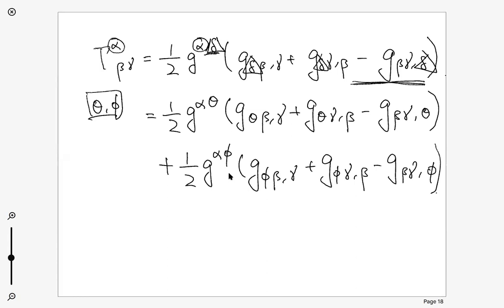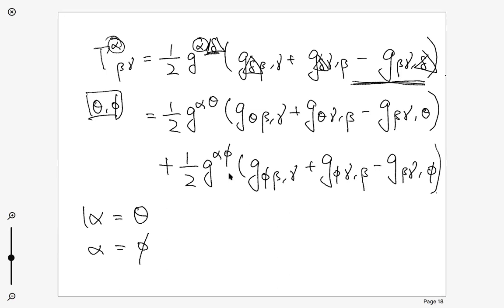Now, if you recall what we have done for the previous question, in which we considered 3 cases, right? And the 3 cases depend on what value this alpha, the top index here, holds. But in this case, we don't need 3 cases. We only need 2 cases, right? Because each index just runs over theta and phi. So we only have either alpha is theta or alpha is phi.